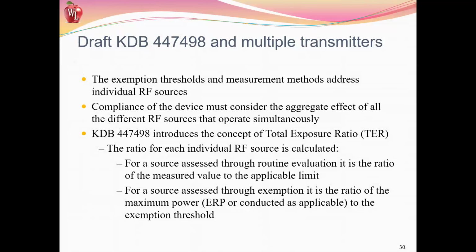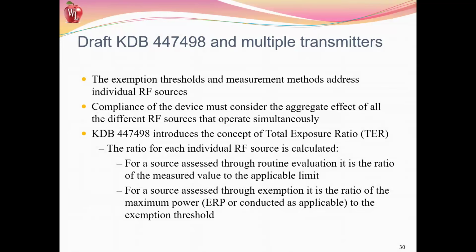What if you have more than one transmitter in your device? The exemption threshold and measurement methods address individual RF sources. So you're looking at putting a Wi-Fi with a Bluetooth and maybe a LoRa radio or just different devices in there.